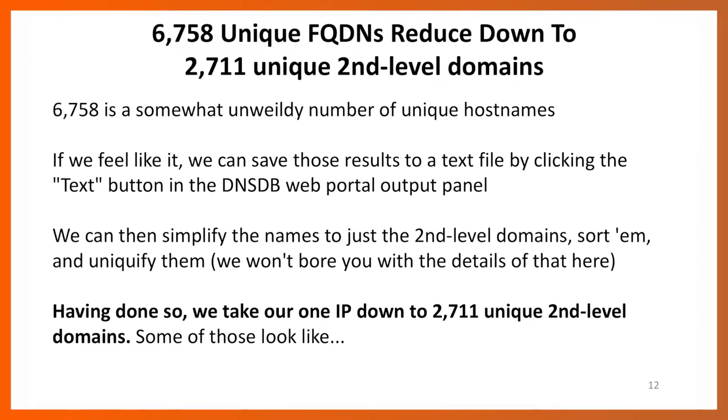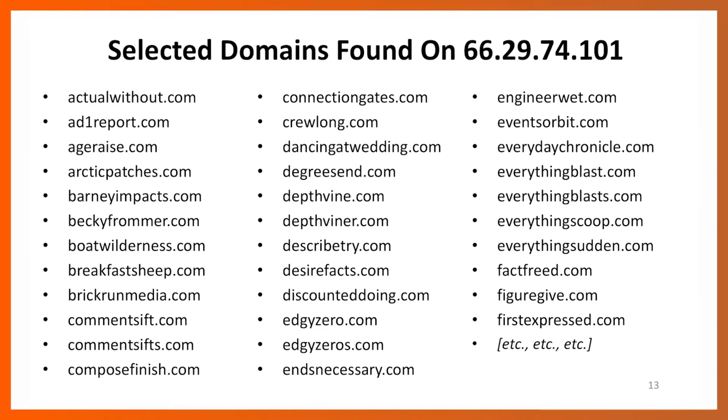We're not going to bore you with the details of that here, but having done so, we're able to take our one IP address down to 2,711 unique second-level domains. We can see what some of those look like. You'll notice that many of these are related to things like advertising or appear to be composed of two words that have been randomly combined together.